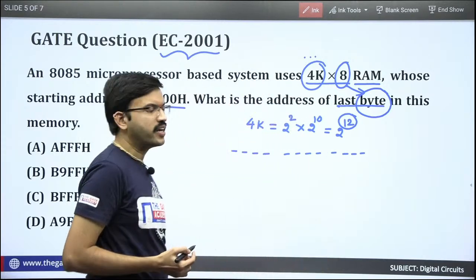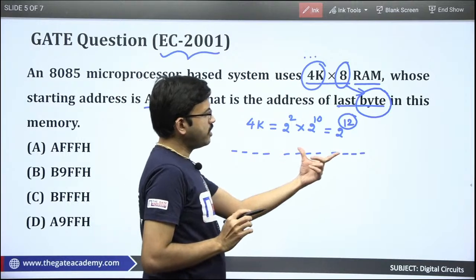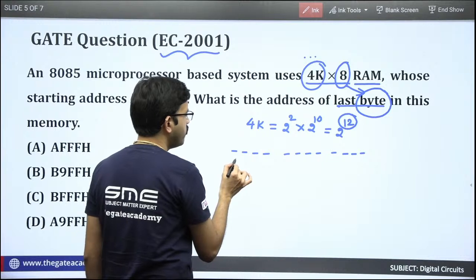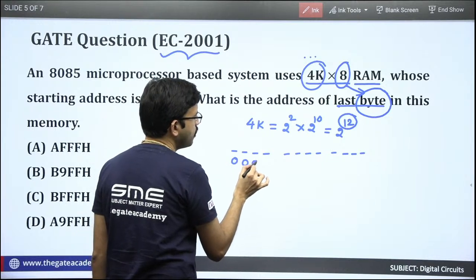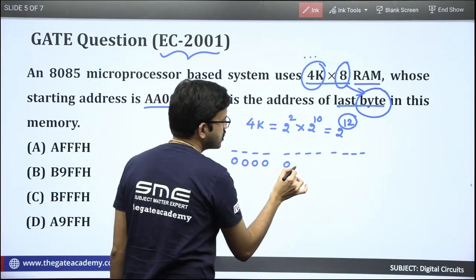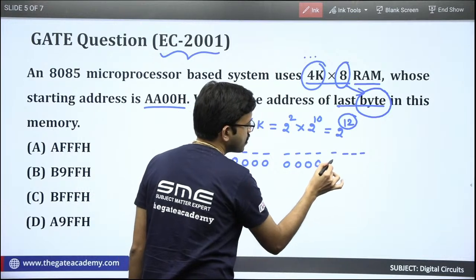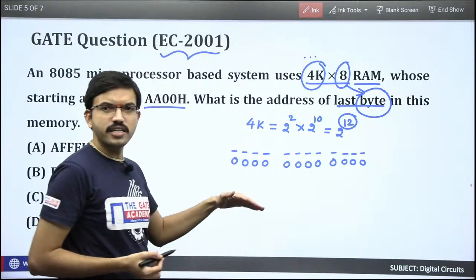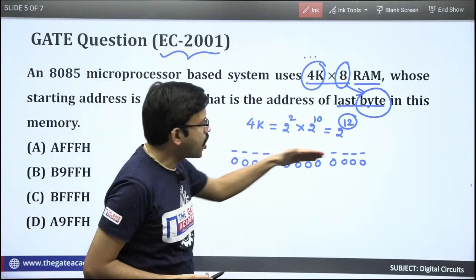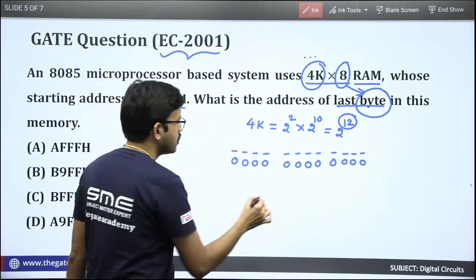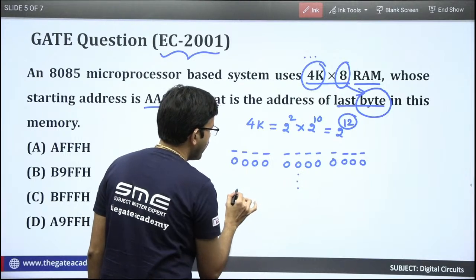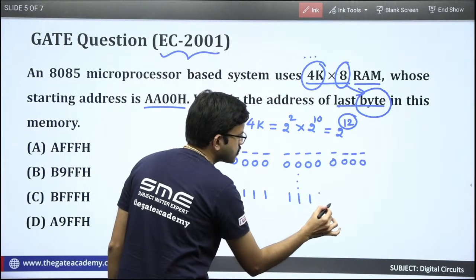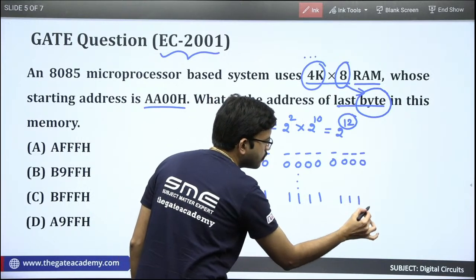The starting value will be all the bits as zeros. That is the starting location. And how do you get the ending location? If you place all the bits as ones, you get the ending address.